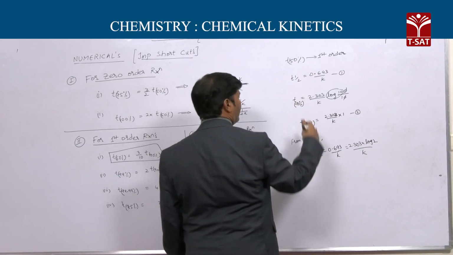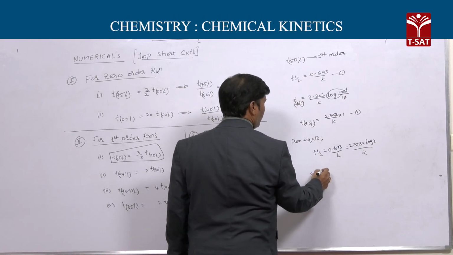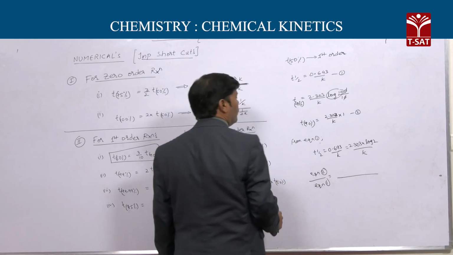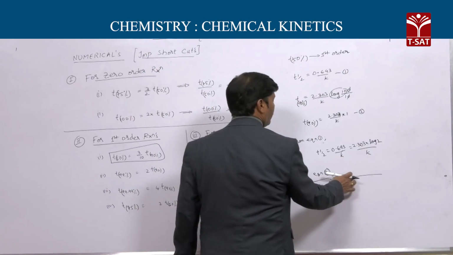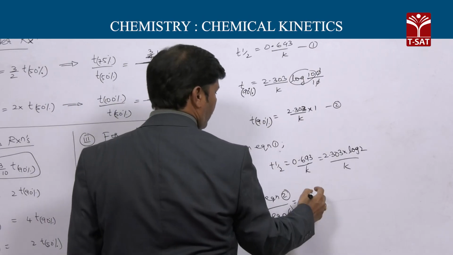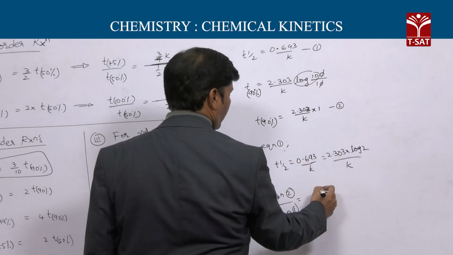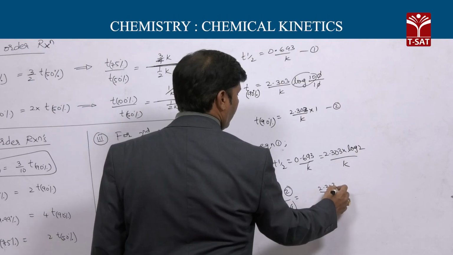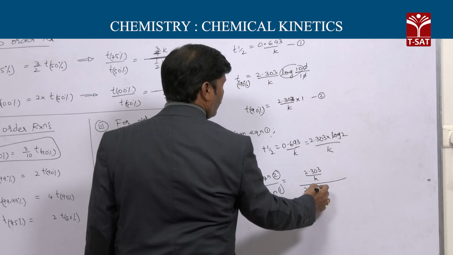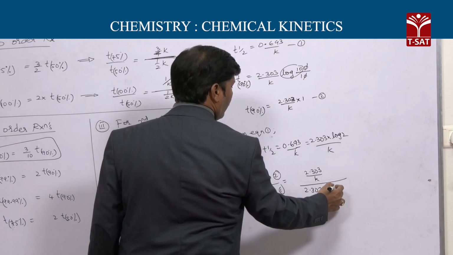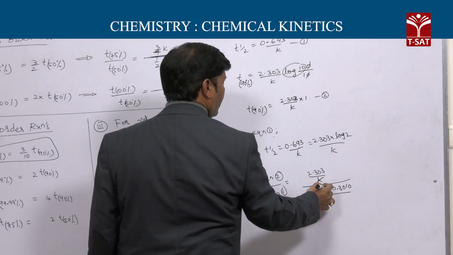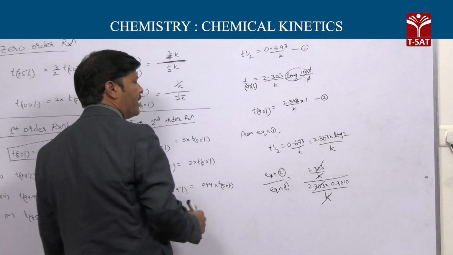Now take both the cases, that is, equation 2 divided by equation 1. Equation 2 is T90%, which is 2.303 by K, and equation 1 is 2.303 into log 2, which is 0.3010, divided by K. So K gets cancelled, and 2.303 also gets cancelled.